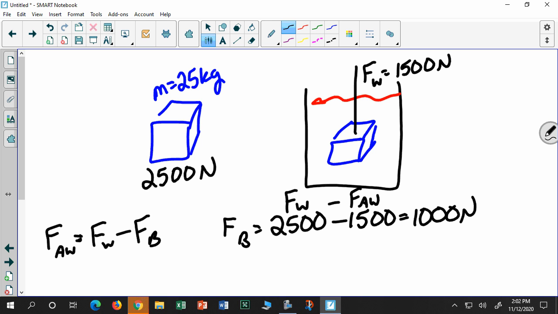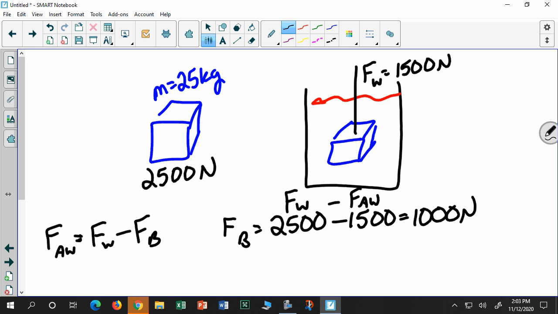I don't think about it in terms of equations. Just think, this thing feels lighter than it actually is, and that's because of the buoyant force.